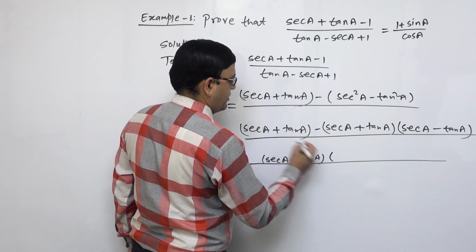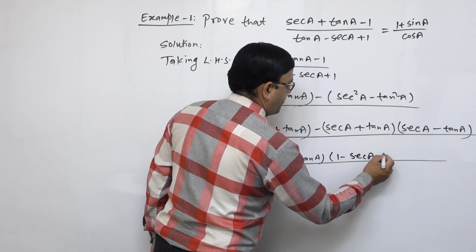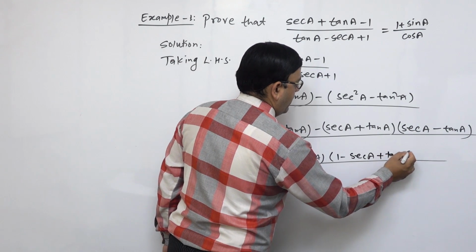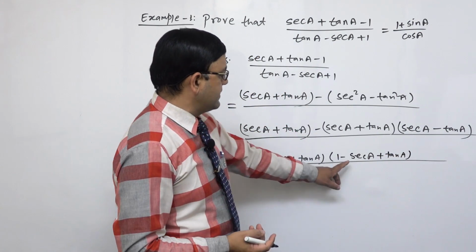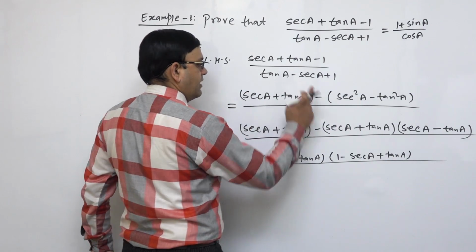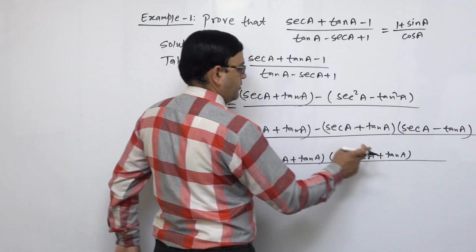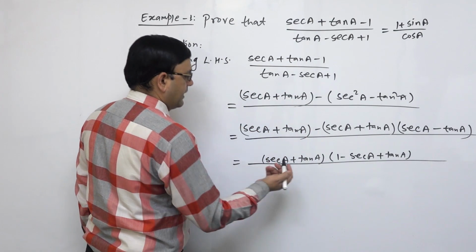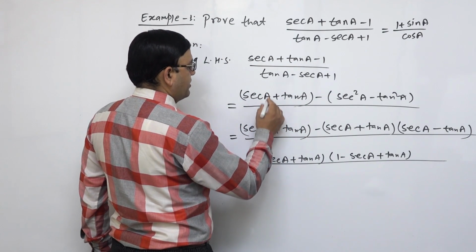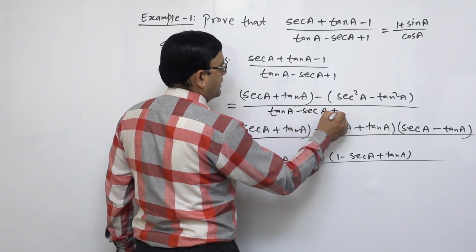So remaining is here 1 minus, यसले ओपन गर्दियौं, we have sec A plus tan A. We can check either this is same in denominator or not. हेर्नुस् त, here is minus sec A plus 1 and then tan A also same. So we can cancel easily. So we can copy the same tan A minus sec A plus 1.